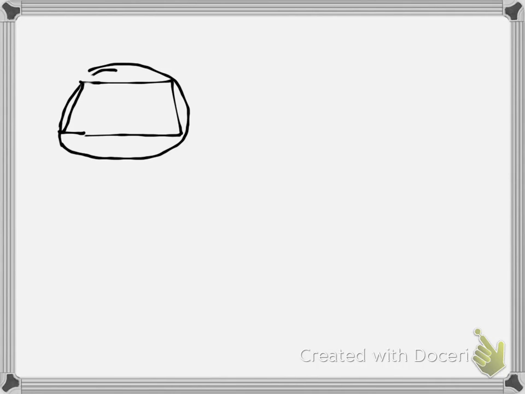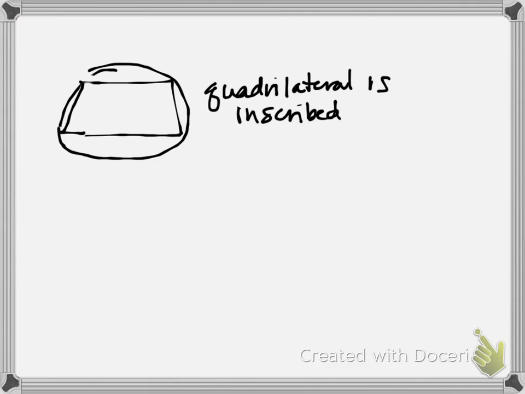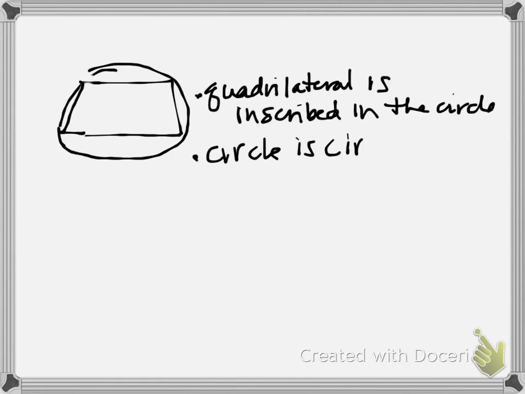Okay, so what we can say is that the rectangle, or not rectangle, we'll call it quadrilateral, the quadrilateral is inscribed in the circle at the same time that the circle is circumscribed about the quadrilateral.